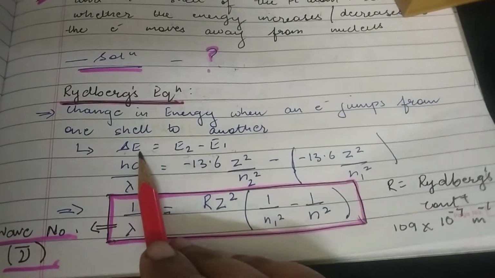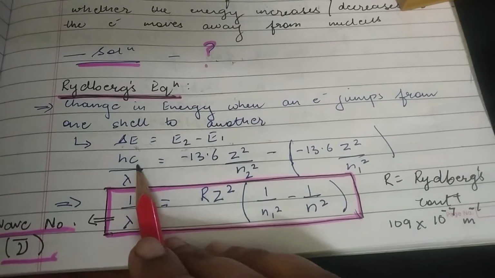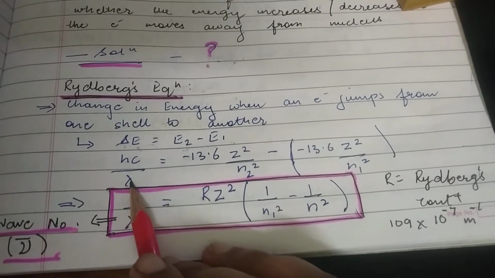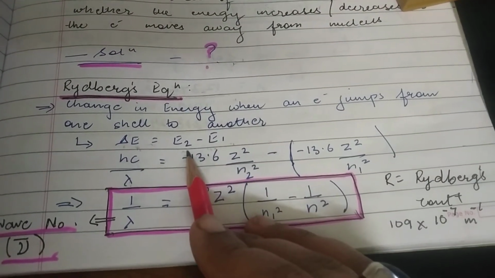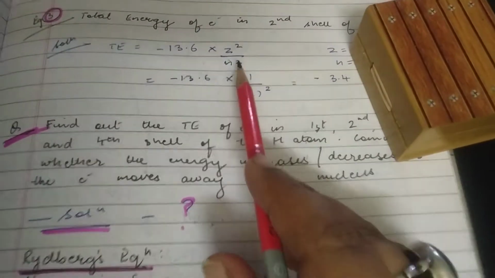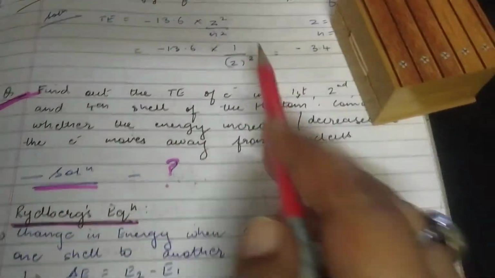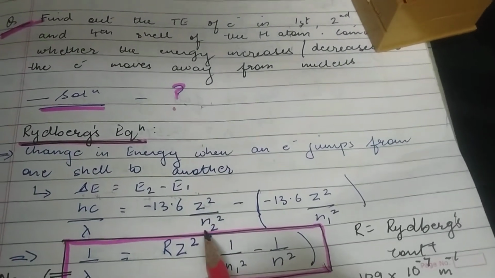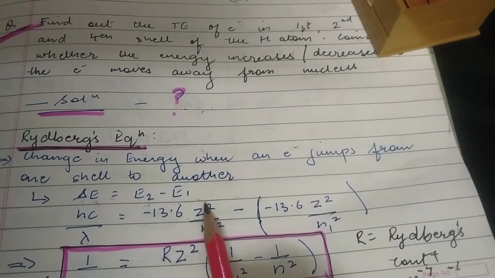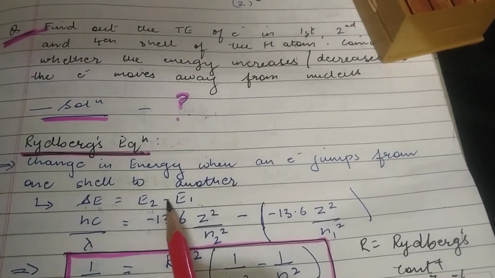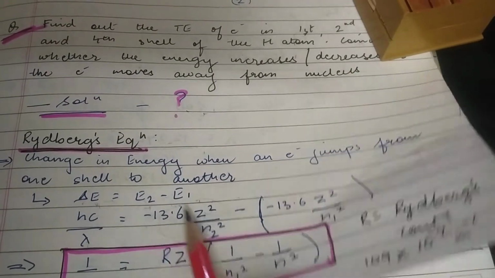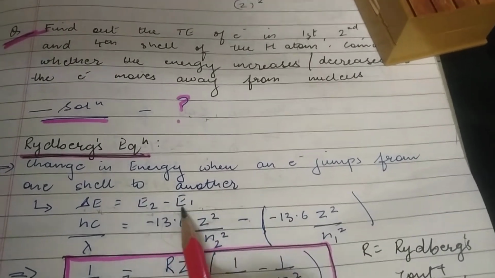We knew that delta E is equal to Hc upon lambda, so I put Hc upon lambda. Energy in the N2 shell is minus 13.6 Z square upon N square, then E2 minus E1.